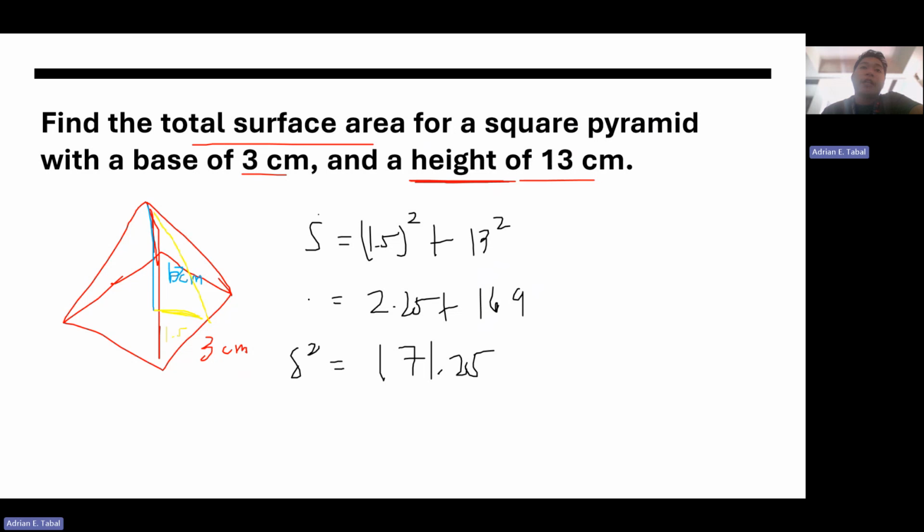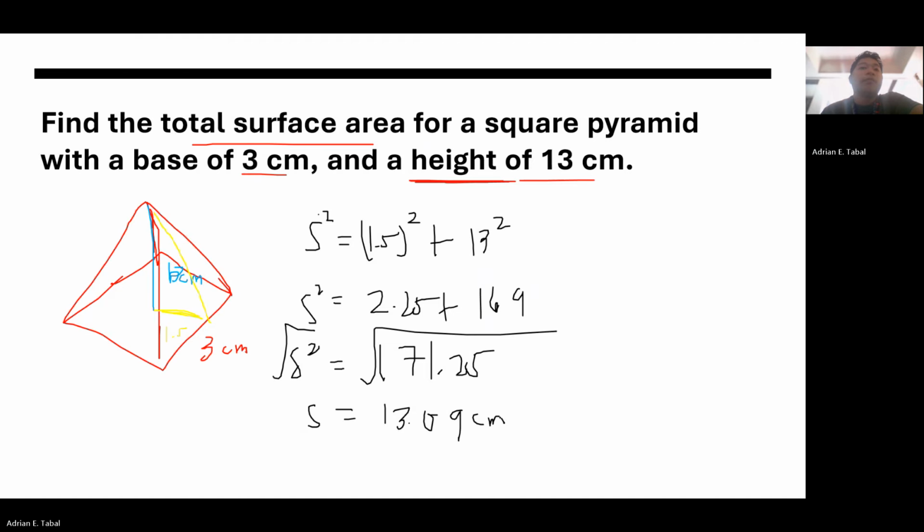So this is S squared. We extract the square root. So the value of our slant height is the square root of 171.25, which is approximately 13.09 cm.